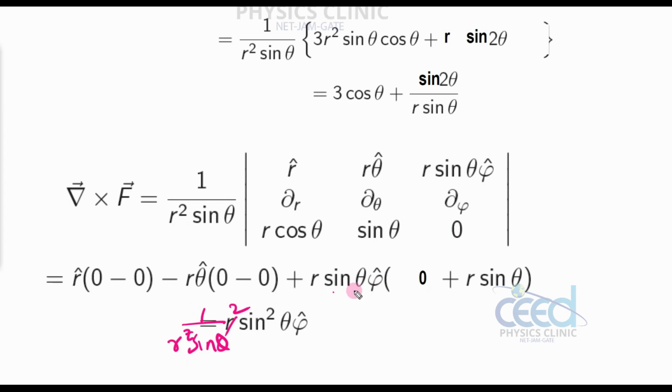Okay, so r² and r² cancel, and here we have sin θ, so the final answer is sin θ φ cap. Okay, so this is the last problem today, and in the next session we will discuss the Jacobians. Okay, thank you.